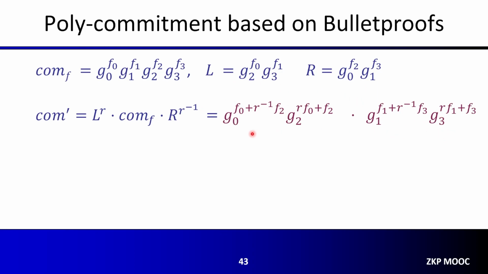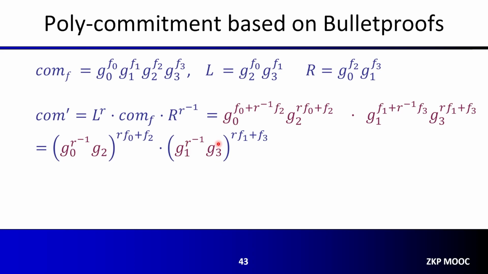So all I'm saying is that it looks complicated to expand everything and figure it out, but there's no magical math involved. You just do it step by step for every basis, and you end up with this equation as the new commitment com prime.